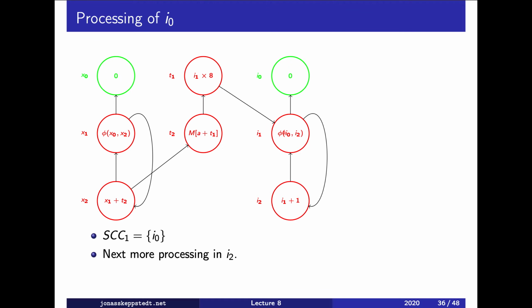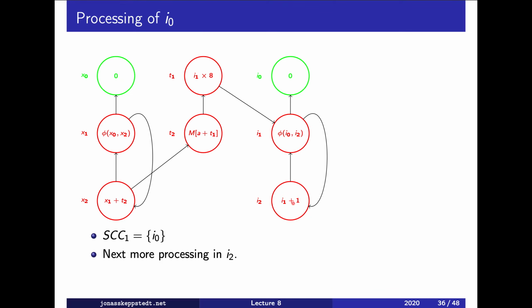Then we will notice that this is a strongly connected component, and when we have identified a strongly connected component, we classify it to see if it's useful for the optimization. So this strongly connected component is not very useful, but this one is. And what we do is to check the format of this strongly connected component.